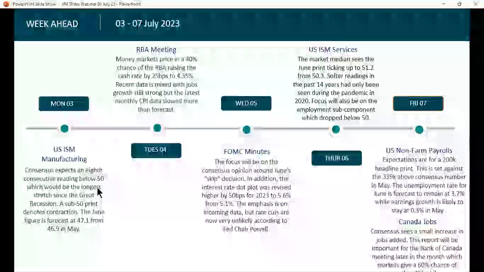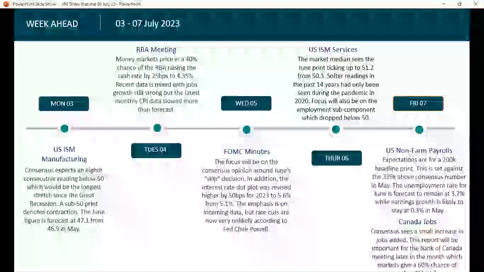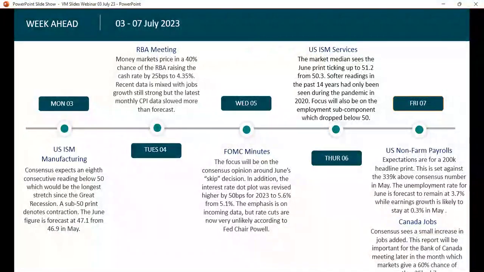Then, probably more interesting, potentially, will be the services data, as I said, on Thursday. That is seen improving slightly in June, with consensus looking for a rise from 50.3 potentially to above 51. The outlook for services seems brighter than manufacturing because it's certainly above that 50 level.